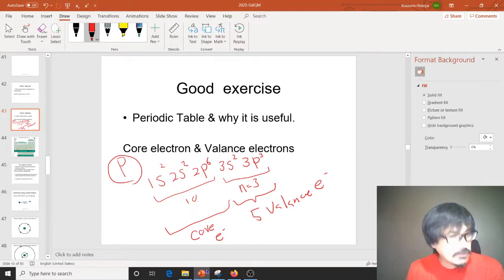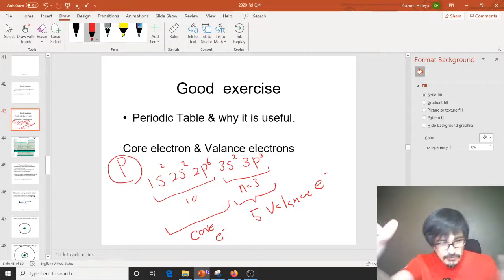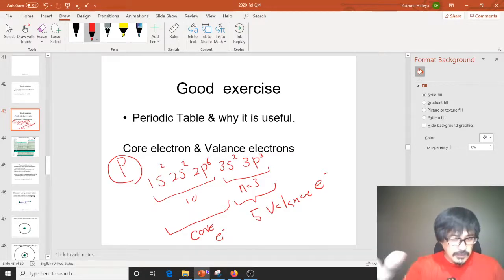The reason why it's called core is because 1s is the smallest in size, and then 2s is the next smallest, and 3s, 3p is way out, right? So core electrons are close to the middle. So these 10 electrons orbit around the nucleus very tightly, and the 5 valence electrons stay in the outer orbit more or less.